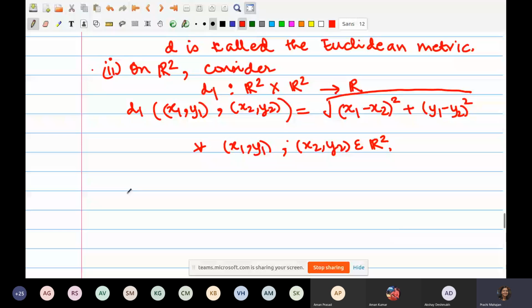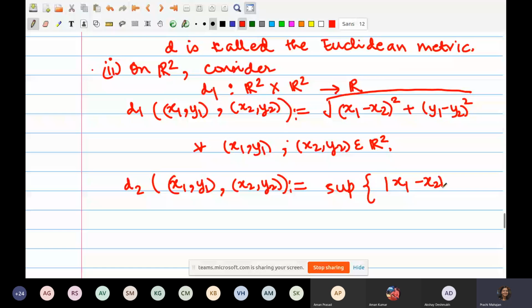So this is one. Here is another thing, D2. I'm going to define another metric on this. These are all definitions. I'm going to define it as the supremum of the distance between x1 and x2 and the distance between y1 and y2.